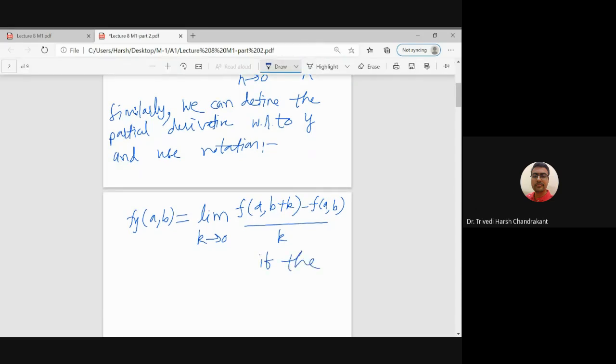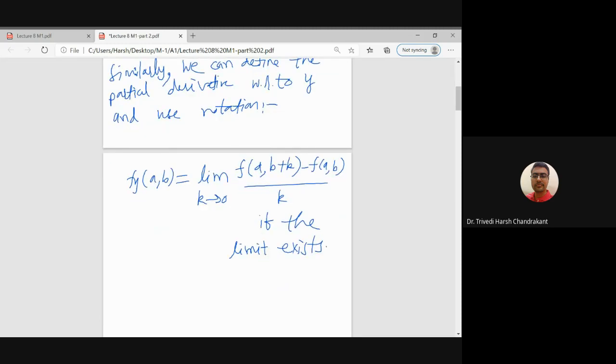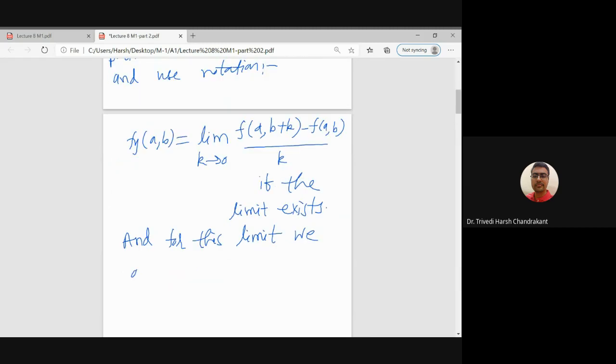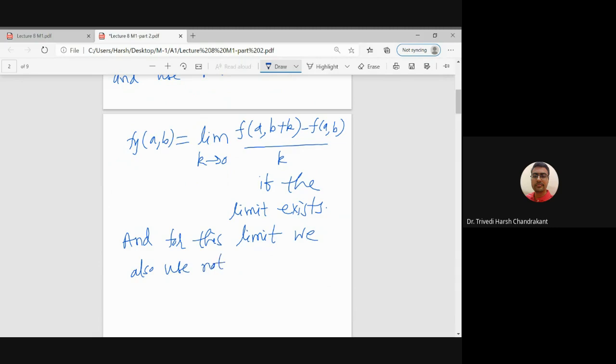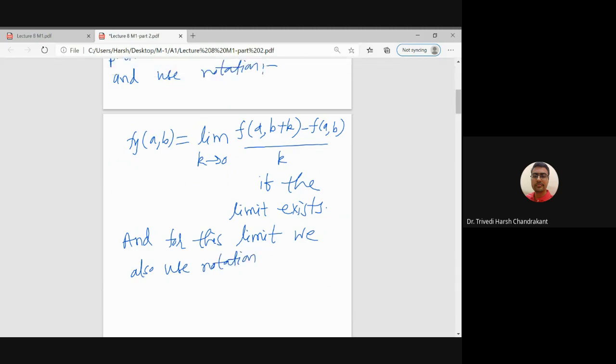If the limit exists, and for the same we also use the other notation, that is del f by del y at the given point a comma b.